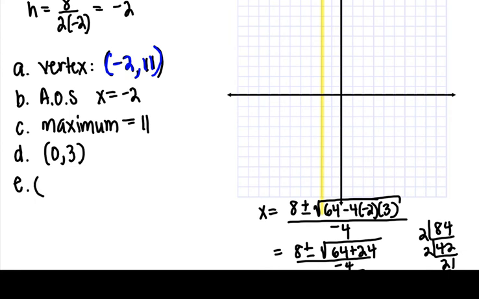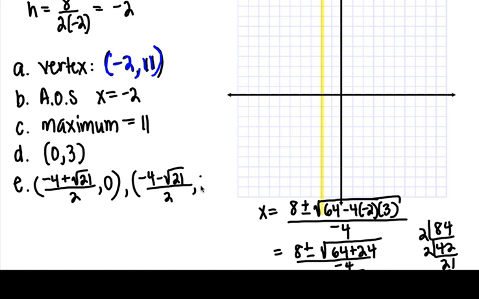So I'm going to bring this negative to the top, and I'll have negative 4 plus the square root of 21 all over 2, comma 0, and negative 4 minus the square root of 21 all over 2, comma 0.